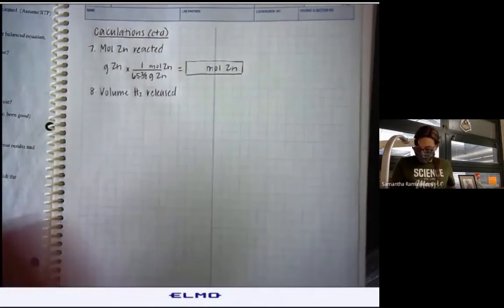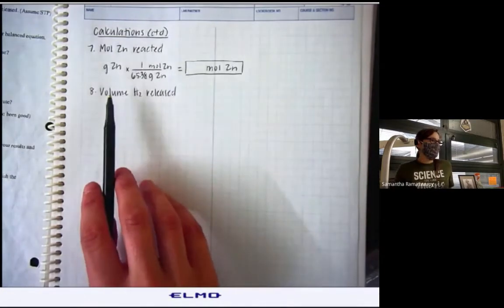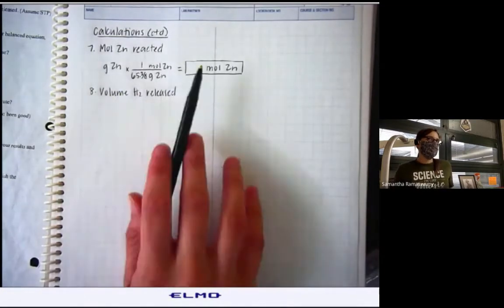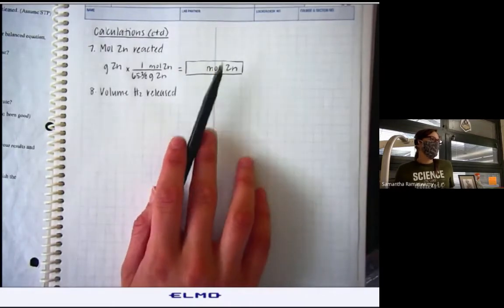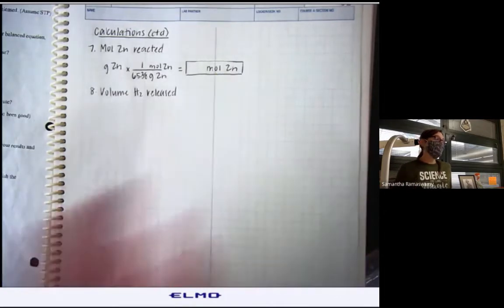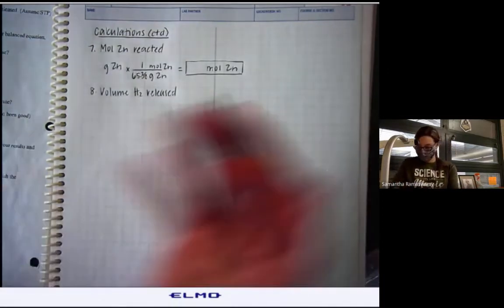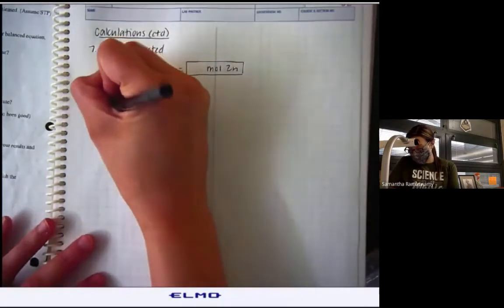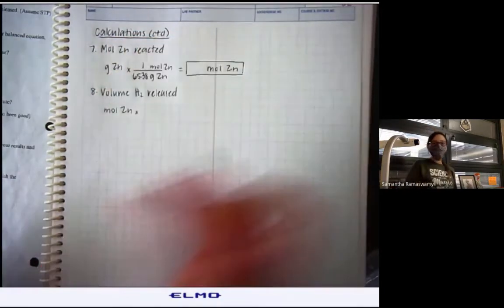Now, I don't really have much information to go off of in terms of my given information. So let's use what we just found. Let's use moles of zinc because we know how much zinc reacted. And if we look at the pre-lab, we only have a certain number of reactants. We have zinc or HCl. We haven't really done anything with HCl yet. So let's use moles of Zn to start.